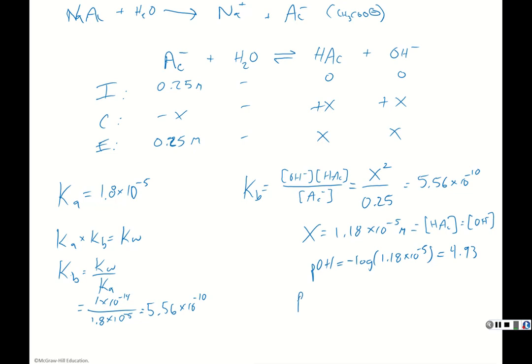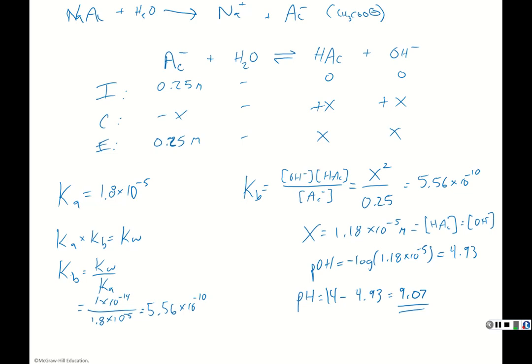And converting that to a pH, pH plus pOH is 14. So if we do 14 minus pOH, we get 9.07. Okay, so our pH here is 9.07.